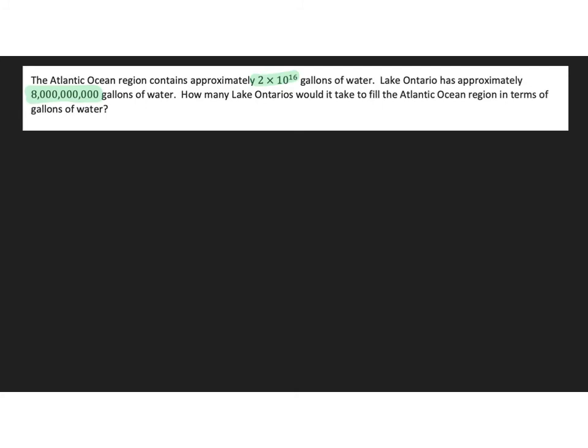How many Lake Ontarios will it take to fill the Atlantic Ocean in terms of gallons of water? So we're going to be having our ocean on top, and we're seeing how many times this lake will fit into it. So we're going to be dividing the ocean number of gallons by the lake number of gallons.